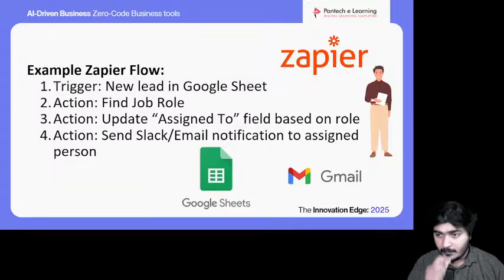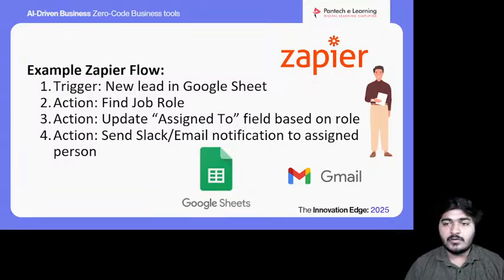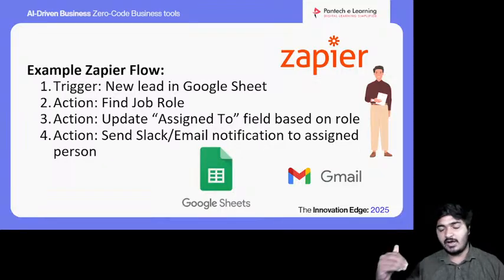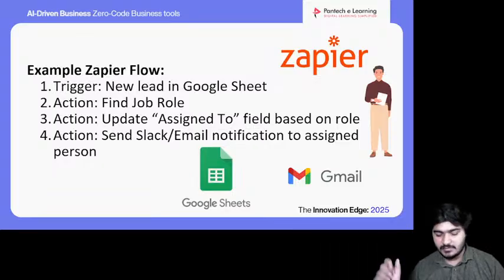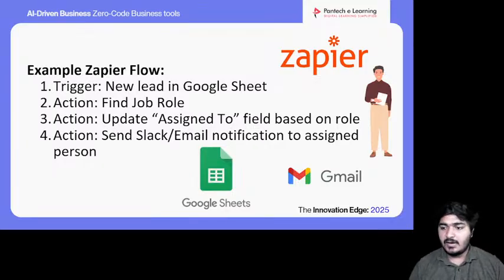Okay, here I have given an example where we have already seen Zapier. For the trigger, we will create a Google Sheet which will be our database. We will use that sheet as a database which will gather all the data. The action is to find the job role.